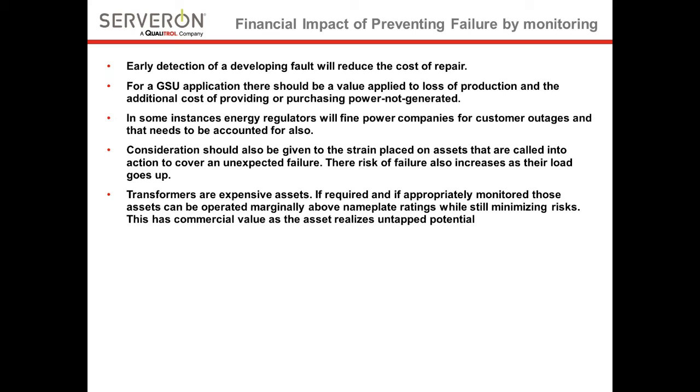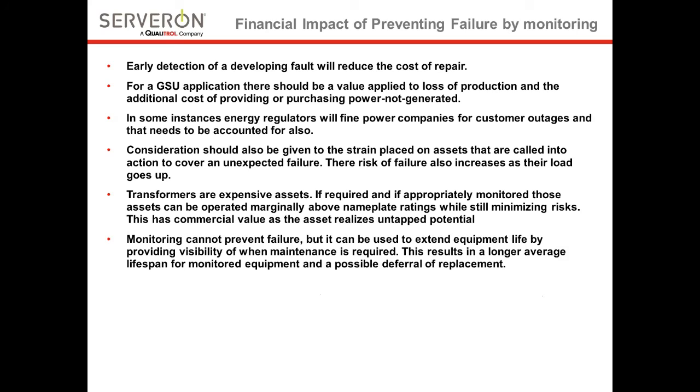And there's a commercial value to being able to get that little bit more out of your assets. There is a calculation, which we won't go into here, but which is a component of this financial model, that would look at the value of being able to do that, and then the potential cost of accelerating the aging of your equipment.